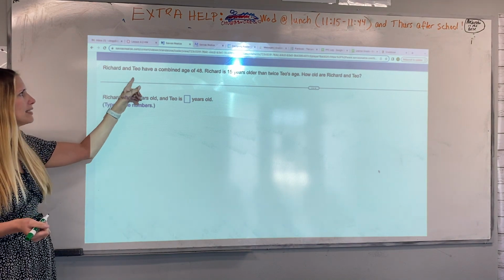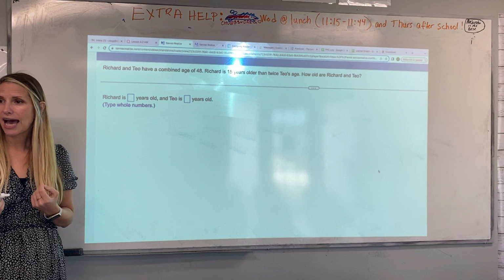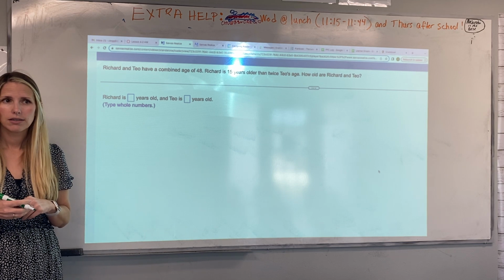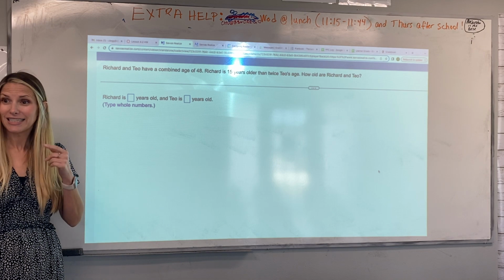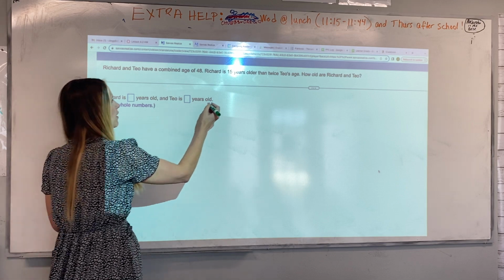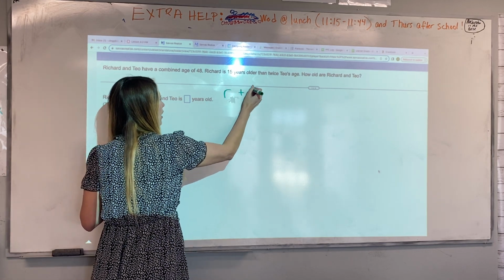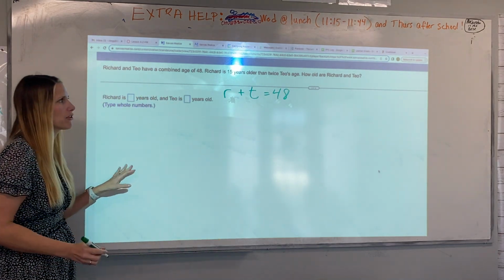So R and T have a combined age of 48. How do I write that as an equation? R plus T equals 48. Boom, I've got my first equation.